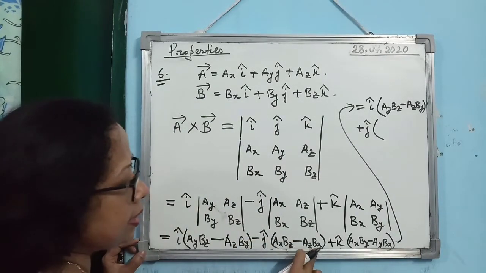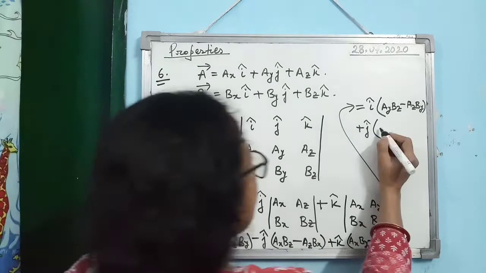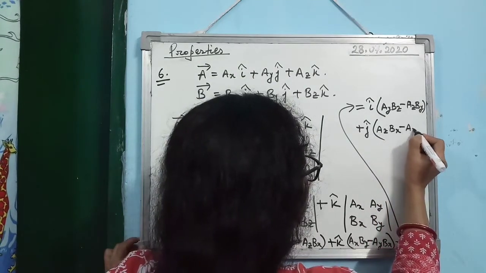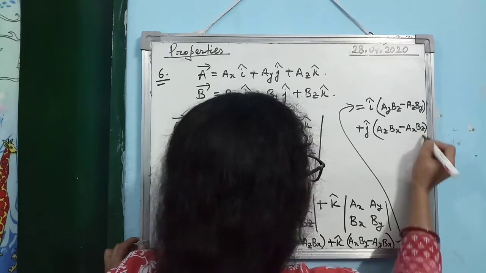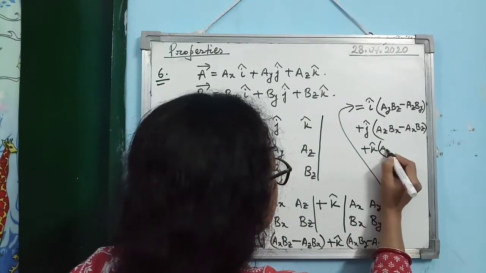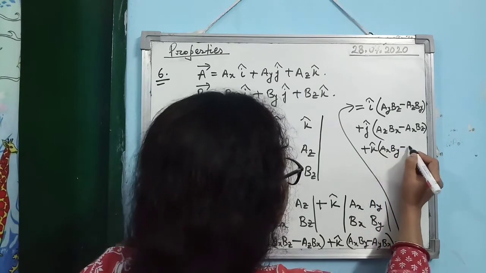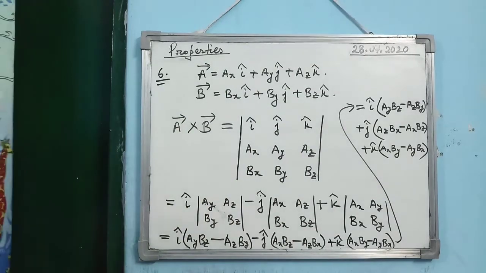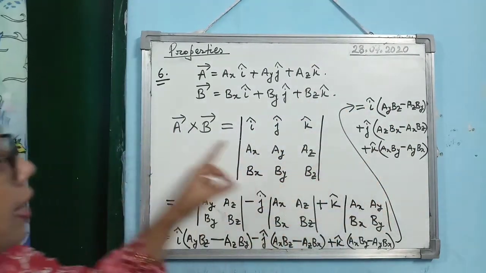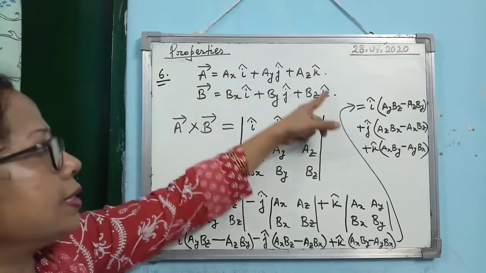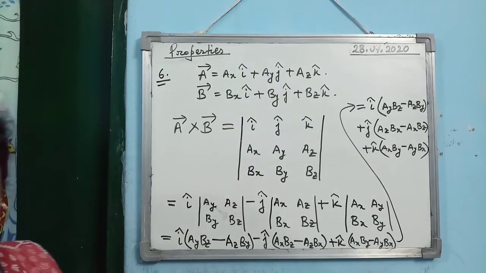So if I take it inside, then it will come AZBX minus AXBZ, plus K into AXBY minus AYBX. Alright, so this is the way you can find out the cross product of two vectors when it is given in the component form.